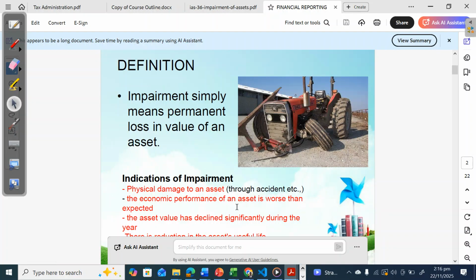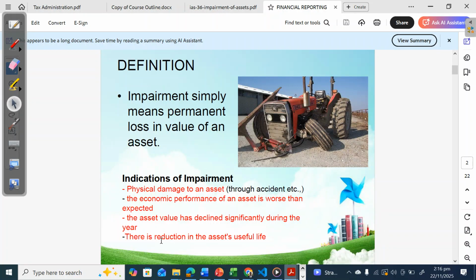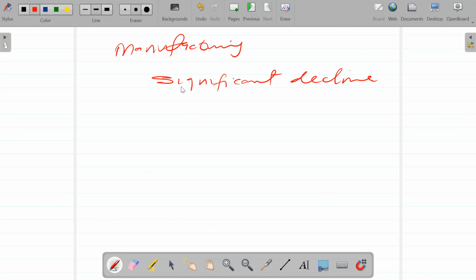The next one, there's reduction in the asset's useful life. So if the asset has lost part of its useful life, we can say the asset is impaired. Let's say the asset originally had a useful life of 5 years. So this is the original useful life.